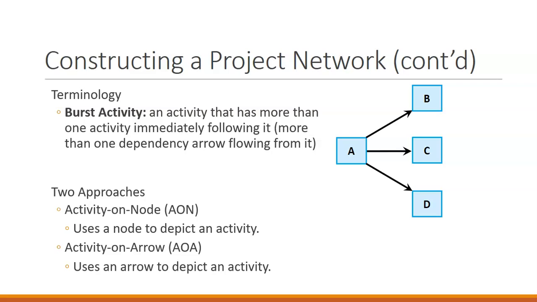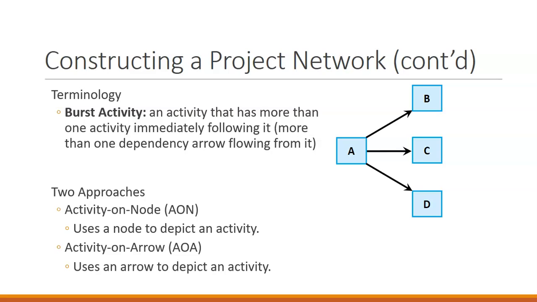A burst activity is an activity that has more than one activity immediately following it. So for example, we have A, B, C, and D can't be completed until A is. So A is a burst activity.